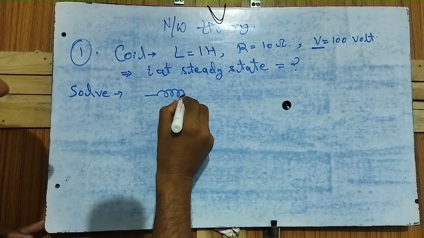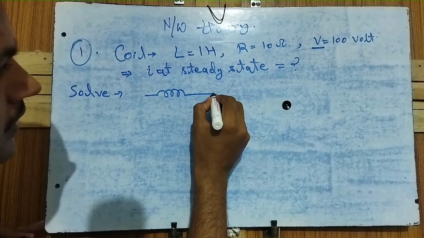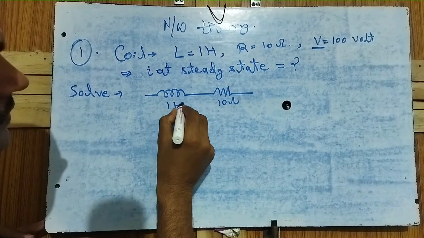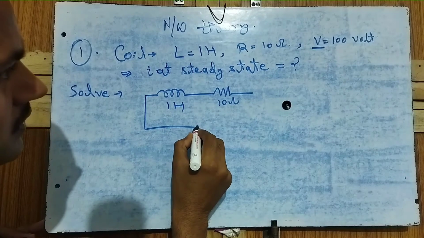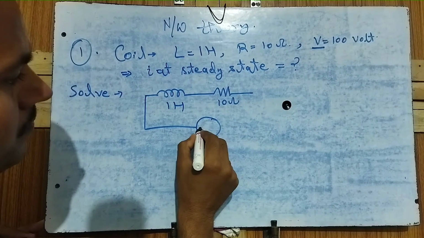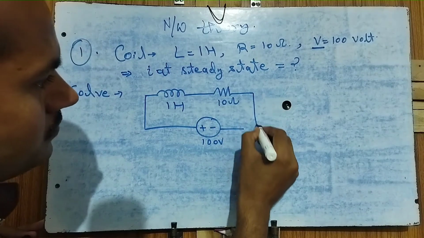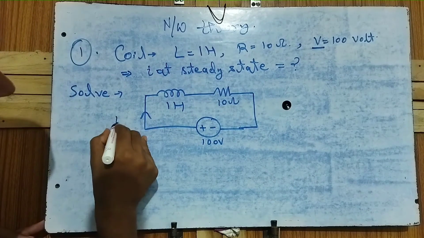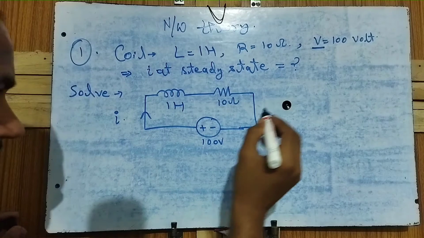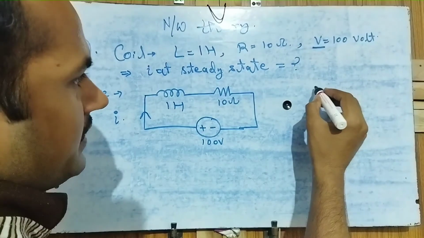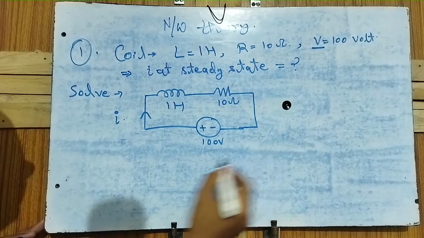That is an inductor and a resistor connected to a DC battery of 100 volt. So what is the value of current? At starting we know that the inductor will be open circuited.